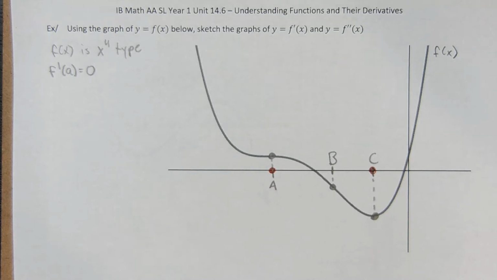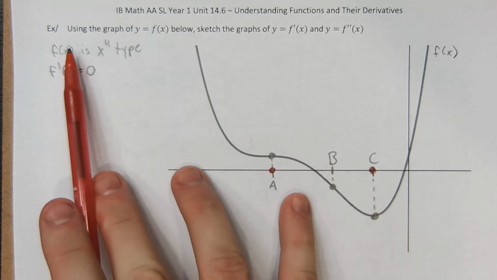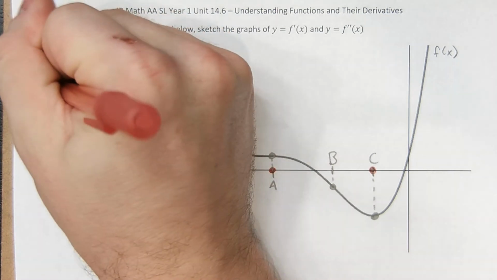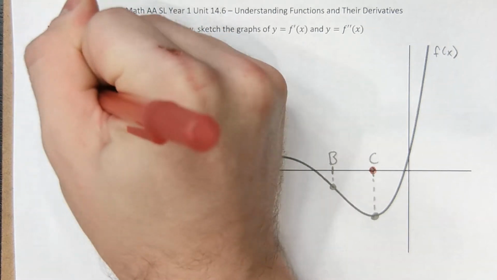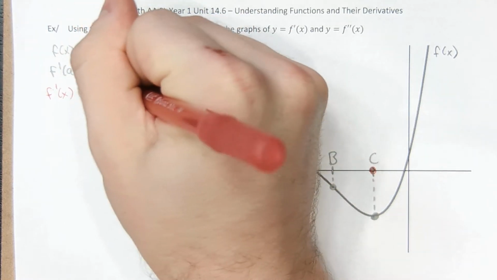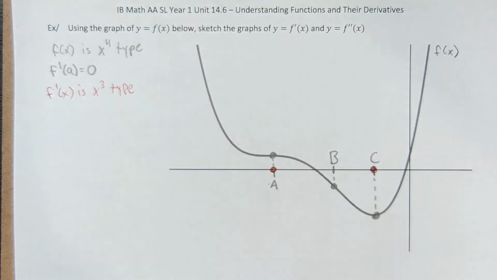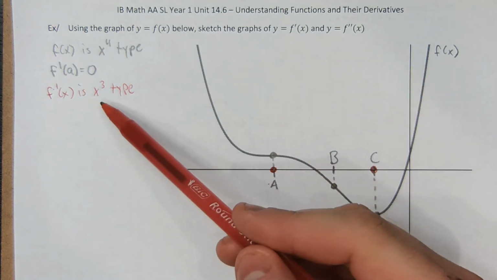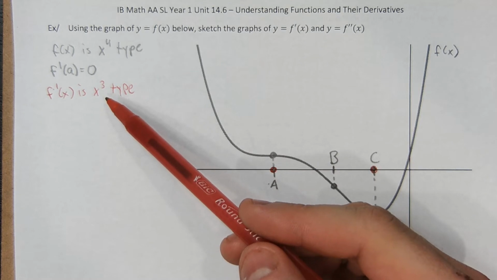Okay, so before we get too far into that, let's go ahead and sketch what f prime has to look like. Since f of x is a fourth degree polynomial, f prime of x is a third degree polynomial. And since this is a positive fourth degree polynomial, because the endings point up, this would be a positive third degree polynomial.